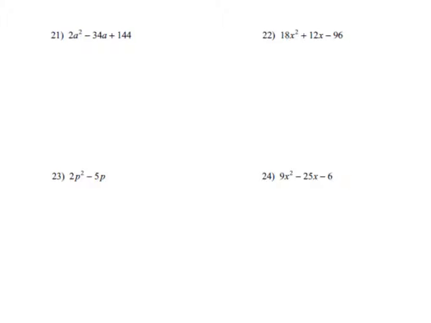Okay, so now we're going to look at some of these trinomials that have a leading coefficient of something other than 1. That starts to get a little bit trickier. And I'm going to go through this like it's just a review, just refreshing your memory. If it's not coming to you and you don't remember doing this and you can't do it pretty quickly, I highly, highly, highly recommend you go back to the list of tutorials that I have for you and go back up at the top where it says, I forgot how to factor, and watch that one.